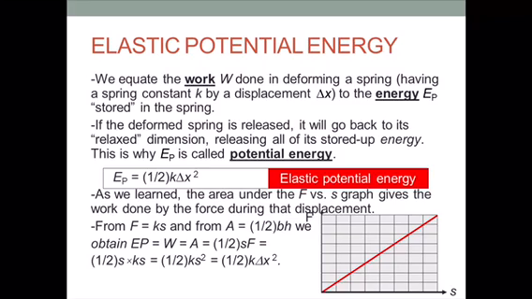As we learned, the area under the force displacement graph gives the work done by the force during the displacement. So from force equals Ks and area equals half base times height, we obtain potential energy equals work, which equals the area under the graph, which is half displacement, which is the base, times height, which is the force.